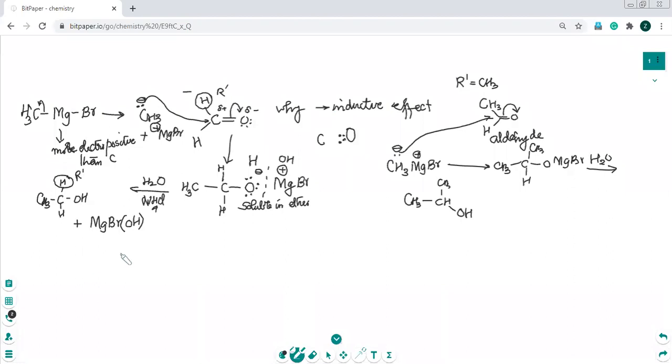So, primary alcohol from formaldehyde, secondary alcohol from aldehydes, and if you want to make a tertiary alcohol, you have to change this also into CH3. That means you'll get a ketone.